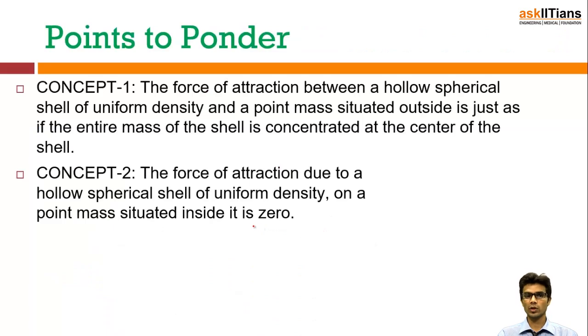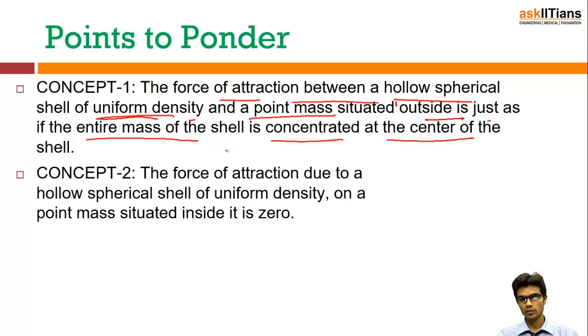Now points to ponder. Concept 1. The force of attraction between a hollow spherical shell of uniform density and a point mass situated outside is just as if the entire mass of the shell is concentrated at the center of the shell.